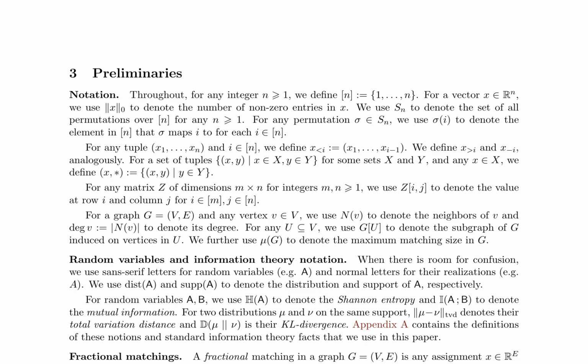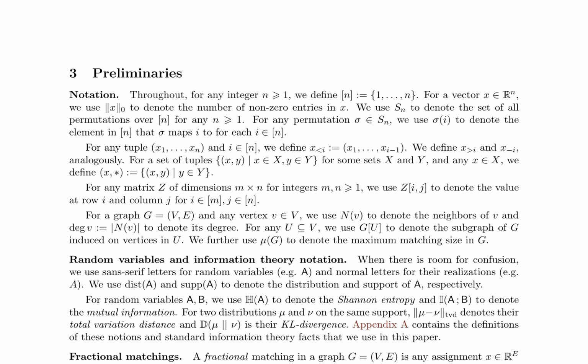In this section, we delve into the notation, definitions, and preliminary concepts that form the backbone of our study. We begin by defining the notation for vectors, permutations, and sets, as well as tuples and matrices. The concept of a graph is introduced, encompassing its vertices, edges, and subgraphs, along with the definitions of maximum matching size and mutual information.